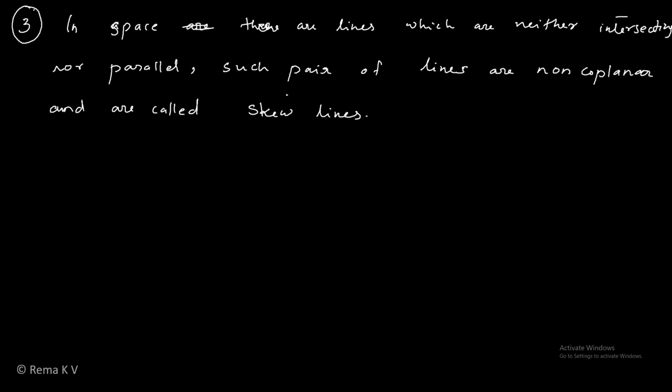This is the third case: if the lines are not intersecting and not parallel. This pair of lines are non-coplanar, that means they are not lying on the same plane, and are called skew lines.